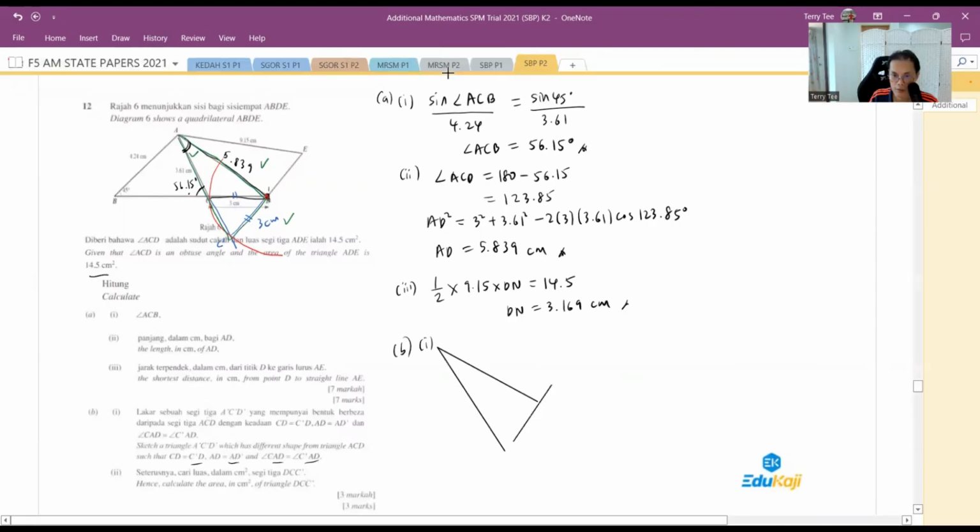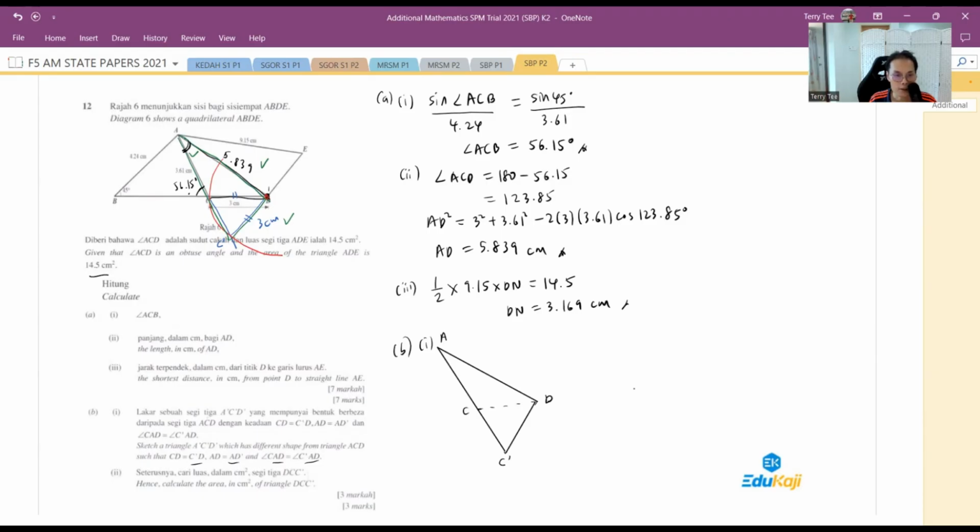It's a bit off, see, I can adjust it. Around there. So there you go. This is your triangle A C prime D. The one with prime is C. It's actually not necessary for you to label. The C over here is the original C.